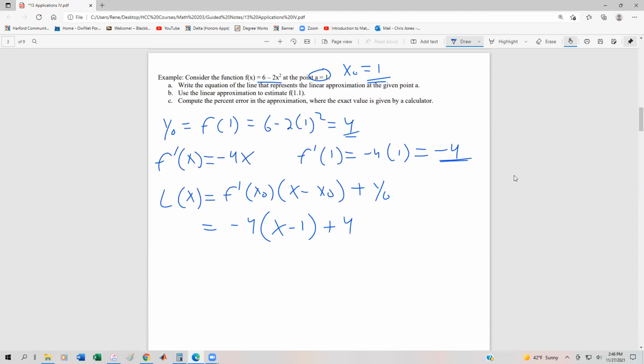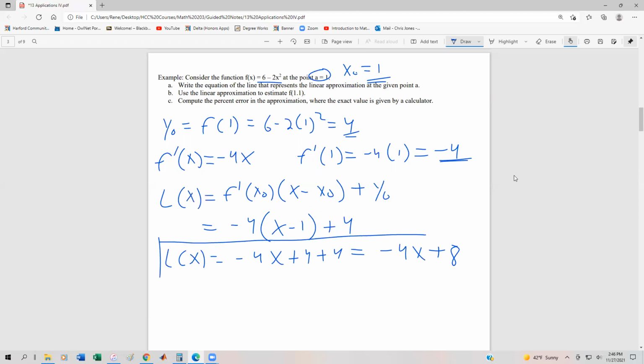Or in this case, our local linear approximation is going to be negative 4x plus 4 plus 4, which gives us negative 4x plus 8. So this is actually part A of the problem, and this is actually the most difficult part.